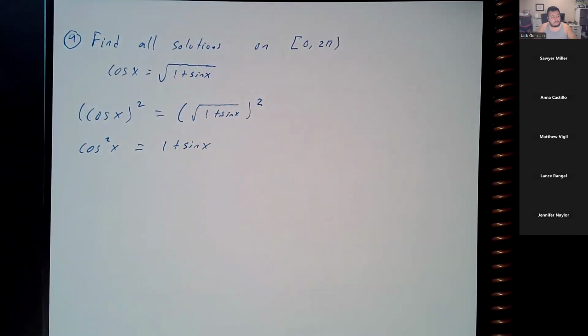Okay. Now that we're here, no more radicals. What should we do next? Use a Pythagorean identity for the cosine squared x. Yeah.